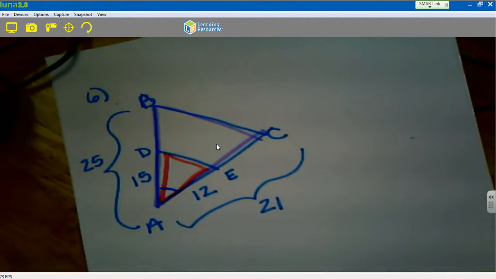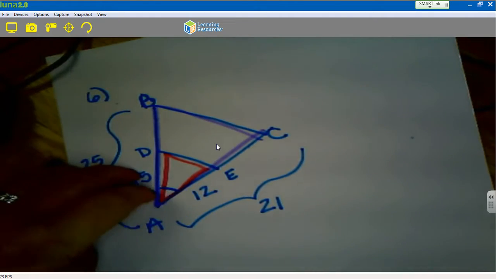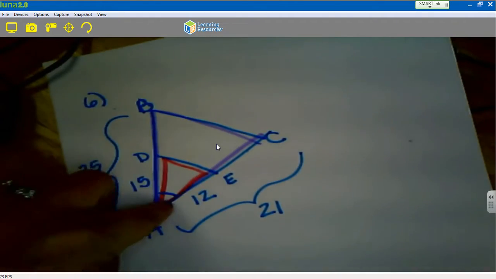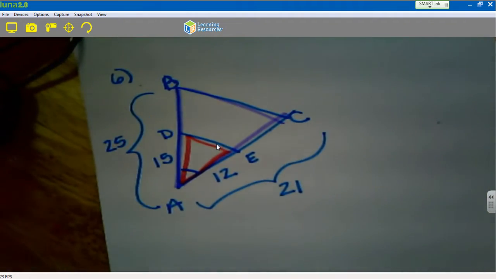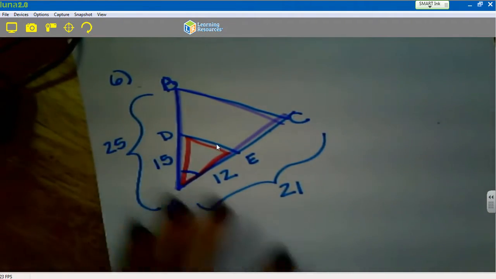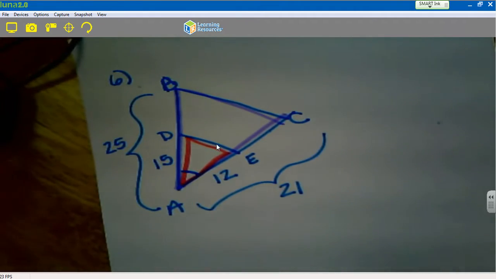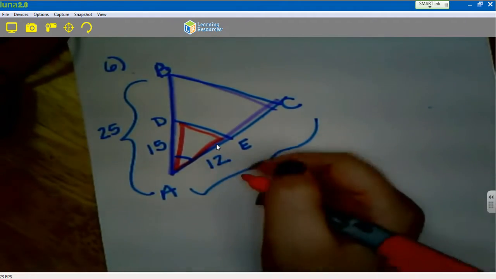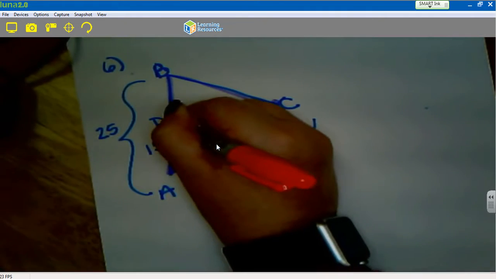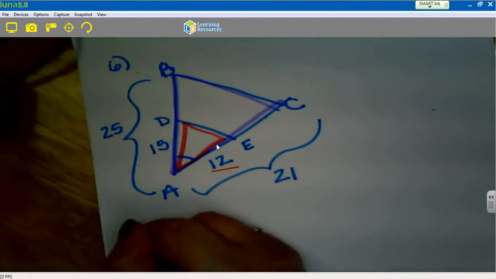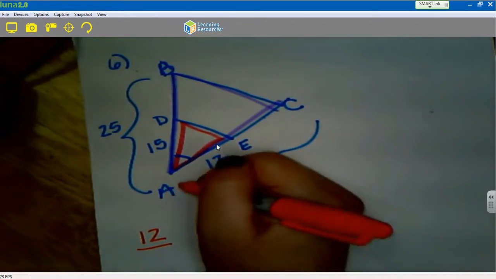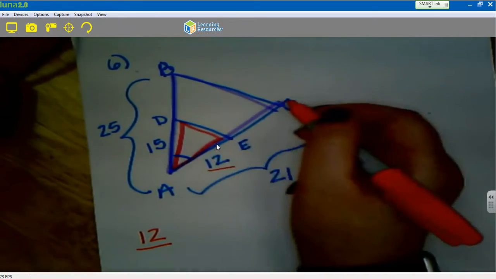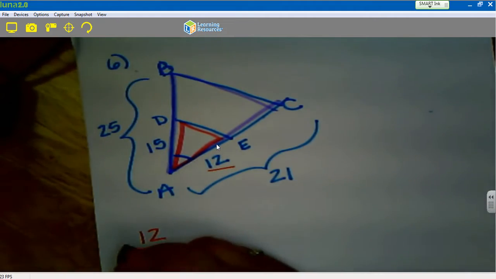Well, angle A, that's congruent on the small triangle to angle A on the big triangle. So we have our included angle. Let's take a look at our sides. Let's take a look at our smallest side. Our smallest side on this little pink triangle is 12. What does it correspond to on this large purple triangle? 21.